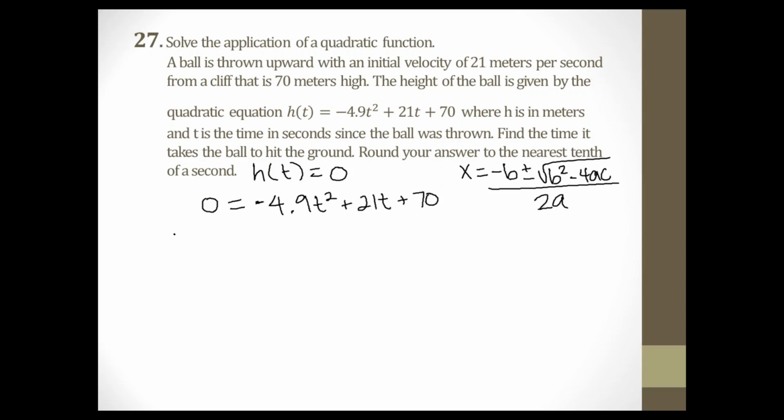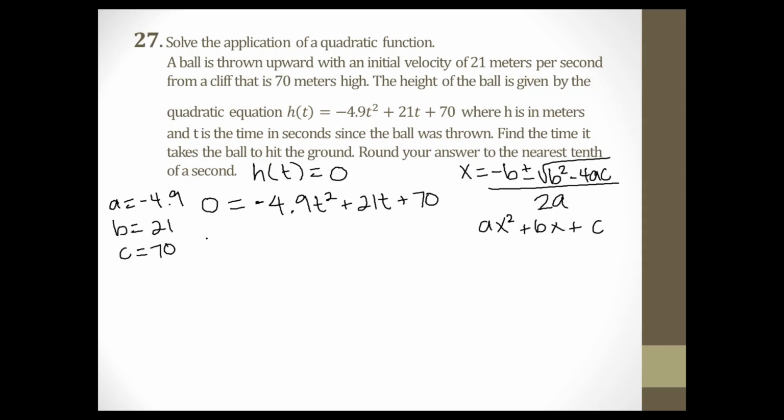So let's identify the coefficients. So a equals negative 4.9, and remember we're getting it from ax squared plus bx plus c. That's our standard form. So a equals negative 4.9, b equals 21, and c equals 70. So in this problem, the 21 and the 70 are information that was used to create your equation, but you're not having to use it other than the way it's already in the equation.